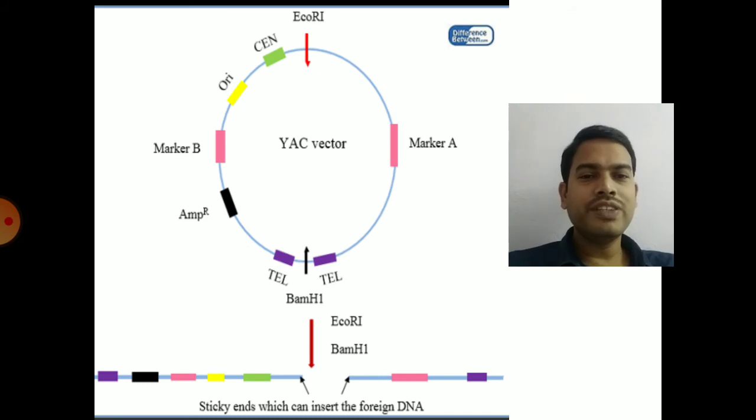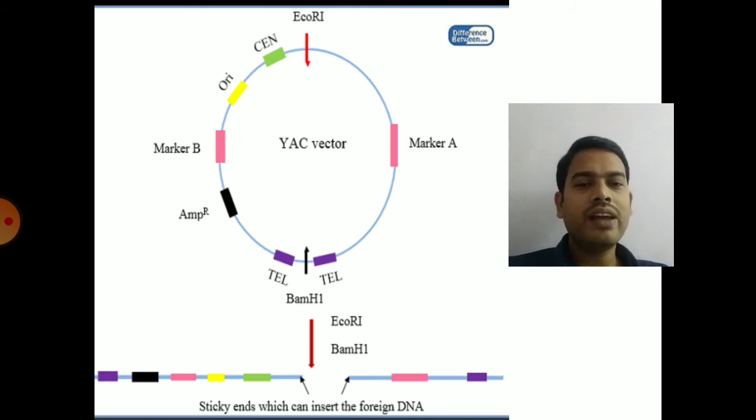So that is yeast artificial chromosome, which has an ampicillin resistance marker used for the selection between transformed and non-transformed cells, a marker protein and an origin of replication, and a BamH1 site between two telomeres, where with the help of EcoR1 and BamH1 you can obtain two fragments of the YAC vector, and you can introduce the foreign DNA of your interest in between these two fragments, and allow it to recircularize.